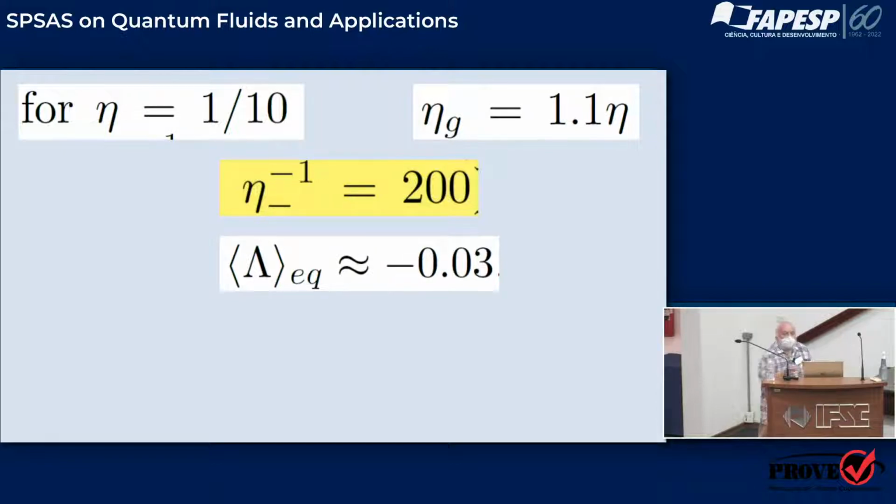And for instance, numbers. For eta equal to 1/10, what does it mean? It means that if we take a temperature of about a few Kelvin, already we are in the high temperature regime. Okay? And you see, in the equilibrium case, we have minus 0.03.